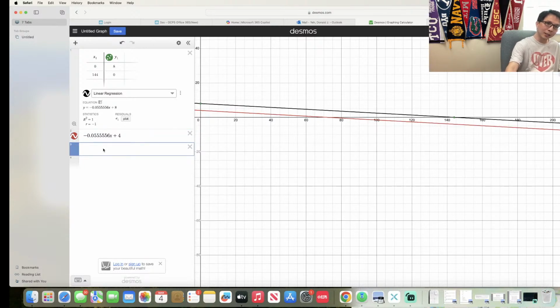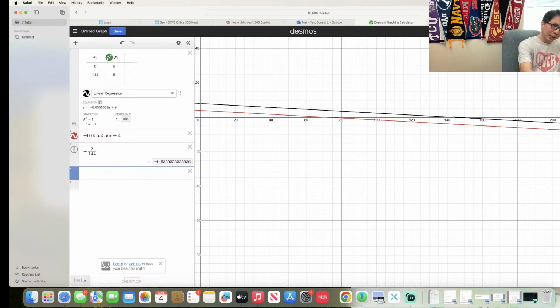So this is, I think, 8 over 144. That's negative, right? So this is negative, so that's also equal to negative 4 over 72, which is negative 1 over 18.